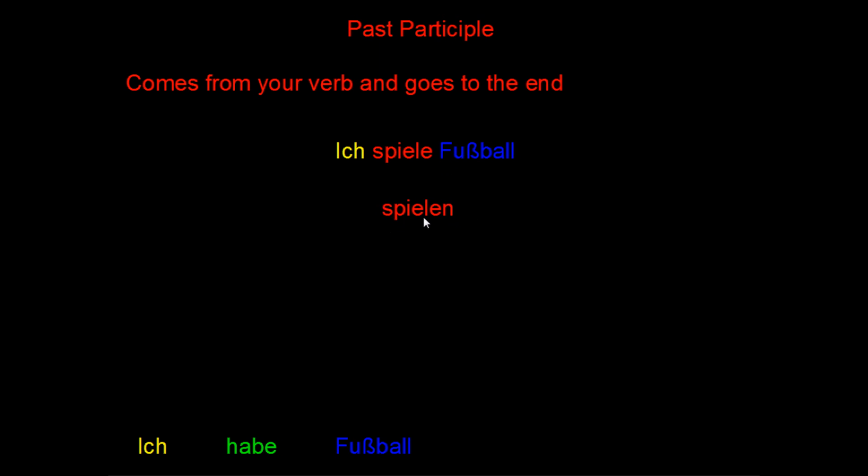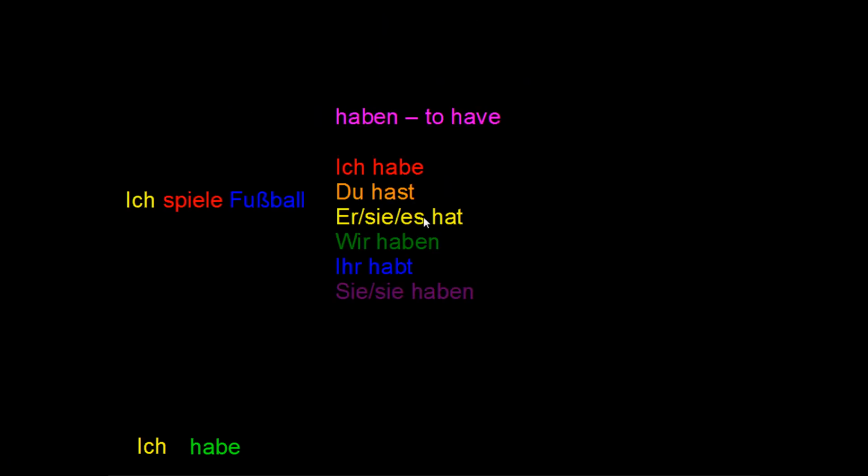We saw two infinitives on the other pages, haben and sein. And when we put haben on the board, let's go back and have a look. There we are. We had lots of different versions of haben. Ich habe, du hast. Now this bit at the top that I'm circling with the en on the end is what we call the infinitive of the verb.